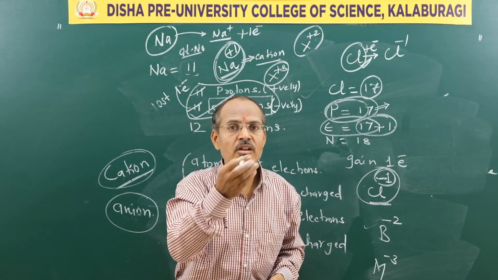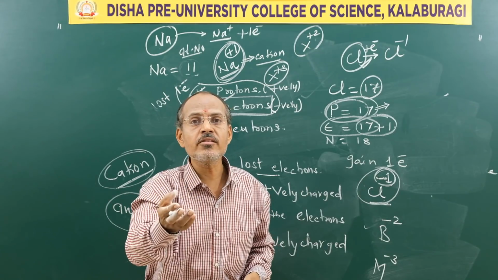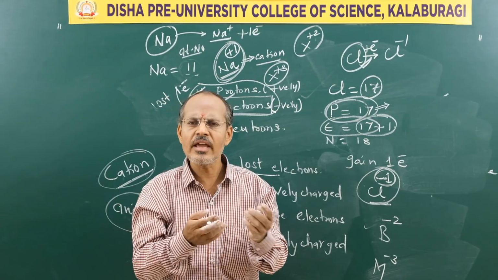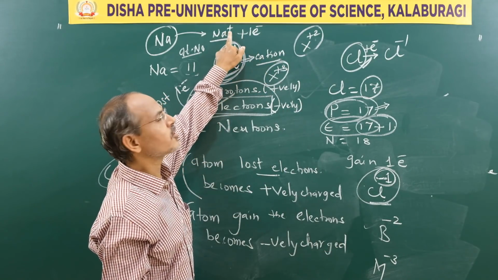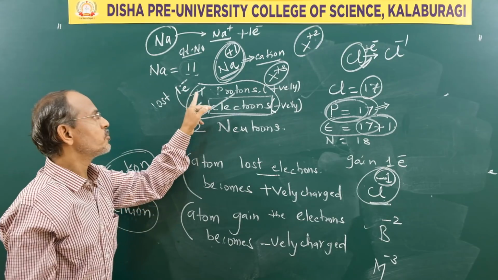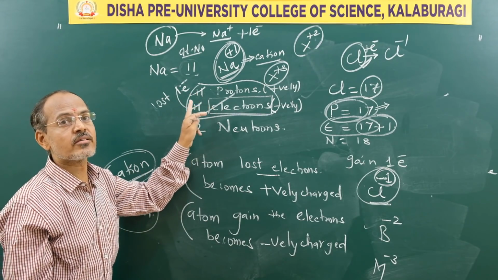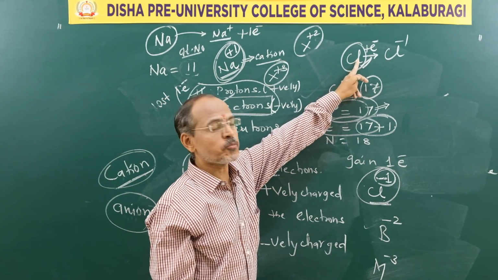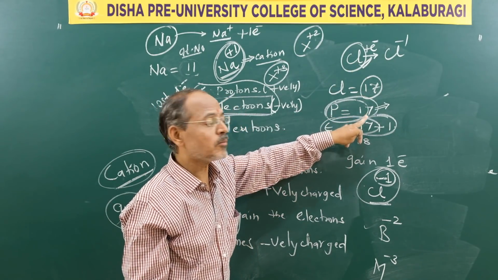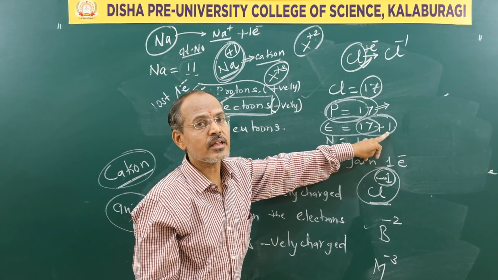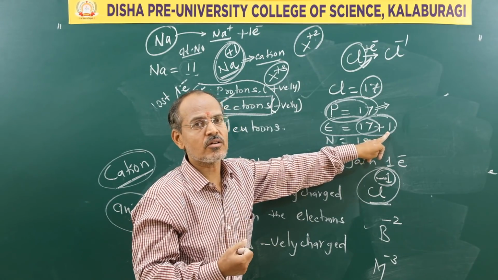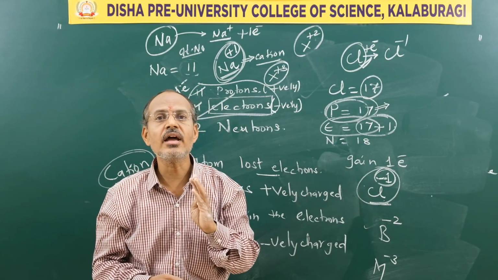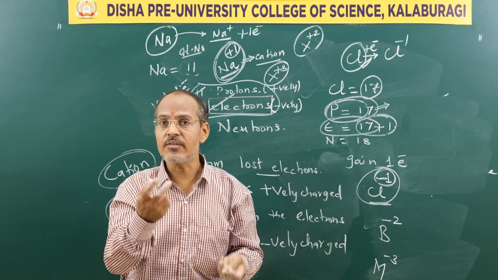Plus 1 means loss of 1 electron, plus 2 means loss of 2 electrons, plus 3 means loss of 3 electrons. If it lost electrons, there is a positive sign, because the number of protons will be more as compared to electrons. Here the number of protons is 17 only, but the number of electrons becomes 18 because it gains 1 electron.